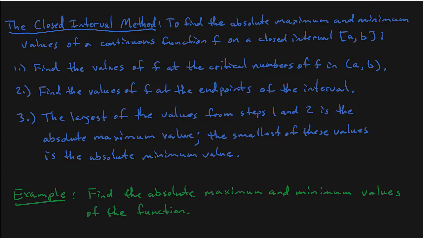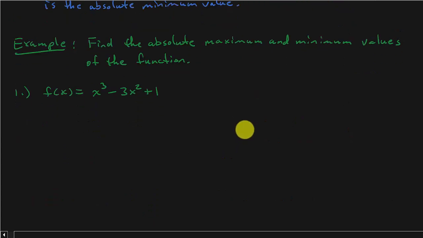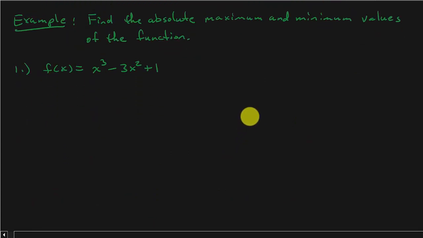All right. And then what does it say? The largest of the values from steps 1 and 2 is the absolute maximum value, and the smallest of these values is the absolute minimum value. So let's work a couple of these problems. All right. So find the absolute maximum and minimum values of the function.